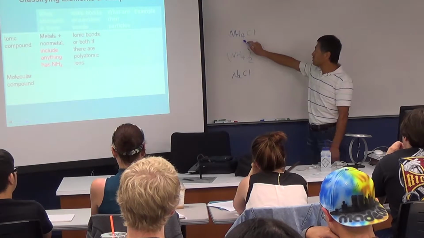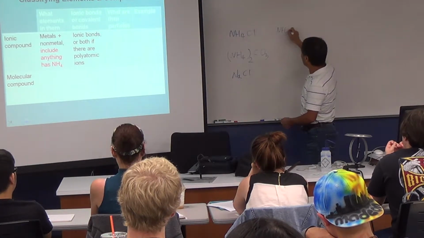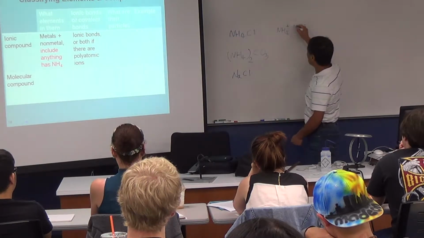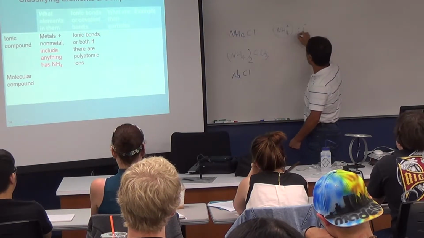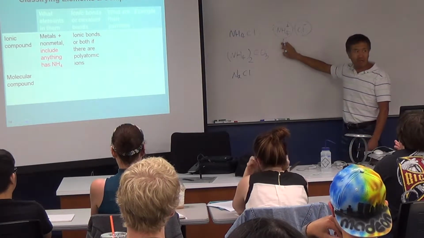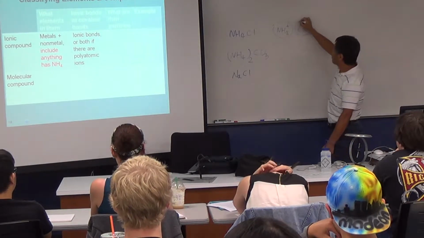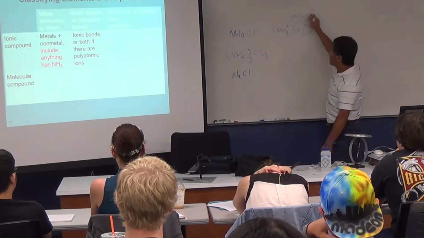Right? So this one has an ionic bond. The ionic bond is between the NH4 plus and Cl1 negative. I just circle these two because this one is the cation, the other one is the anion. So the attraction between these two is an ionic bond.